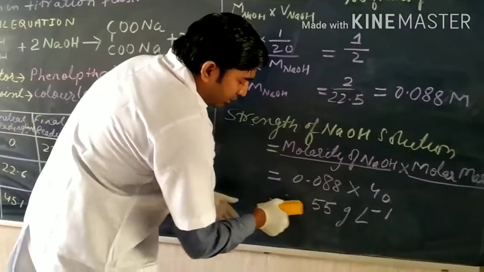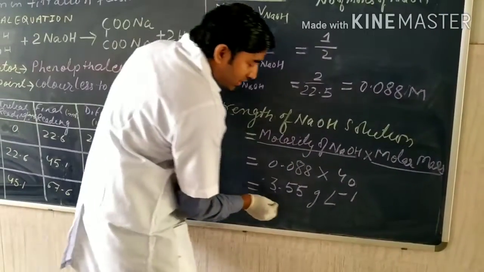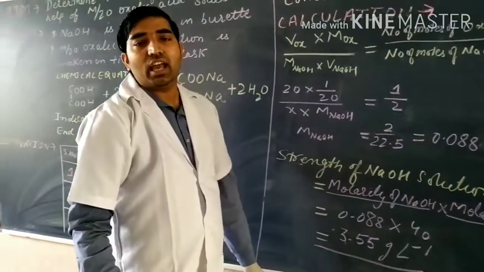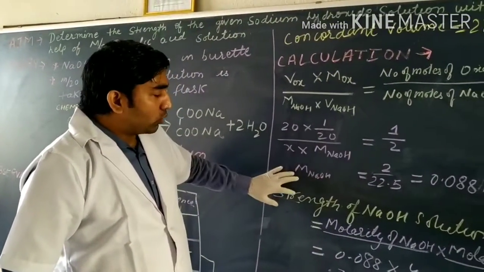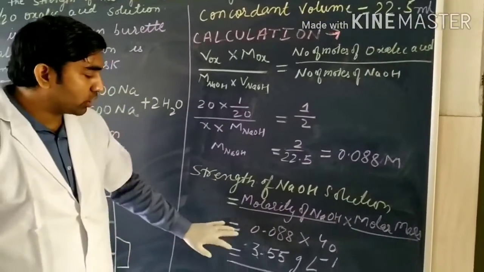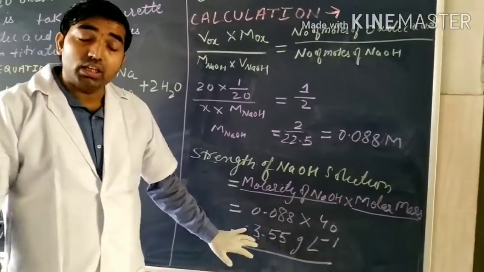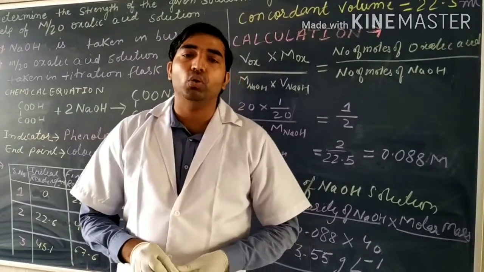This is the strength of the given NaOH solution. So by this we calculated the molarity of NaOH and the strength of NaOH using the standard solution of oxalic acid. Okay, thank you.